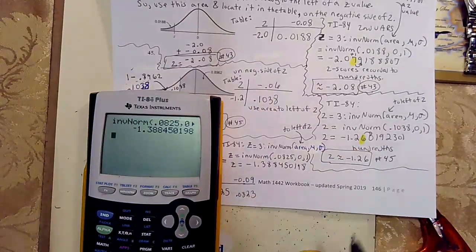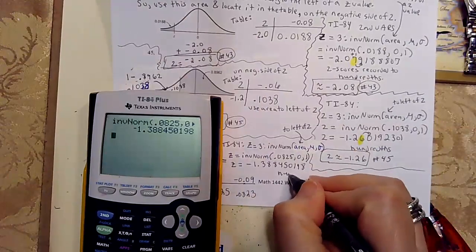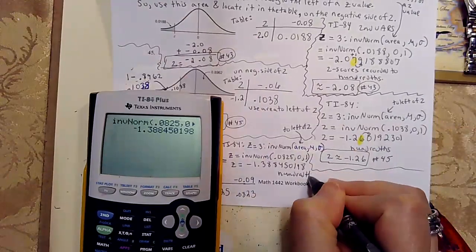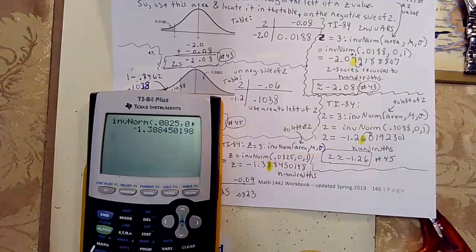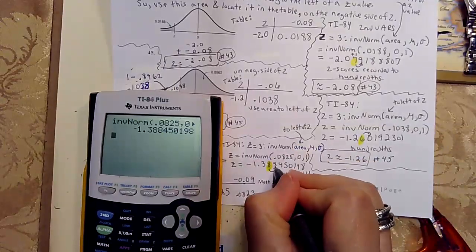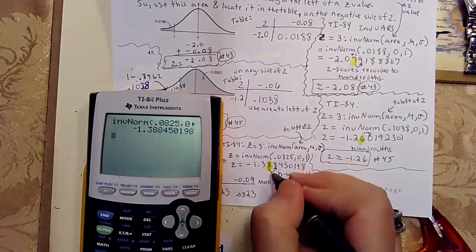This is a Z score. So Z score, you round to nearest hundreds, tenths, hundreds. Then look at the number to the right. Is that 5 or more? Yep, that's an 8. So you're going to add 1 to it.